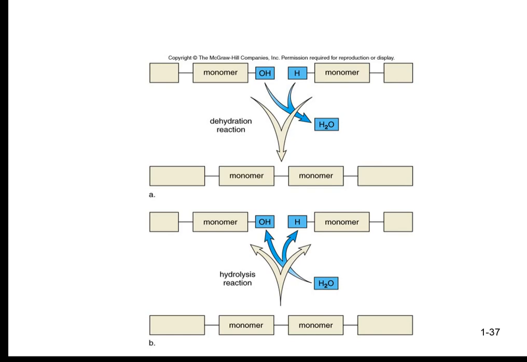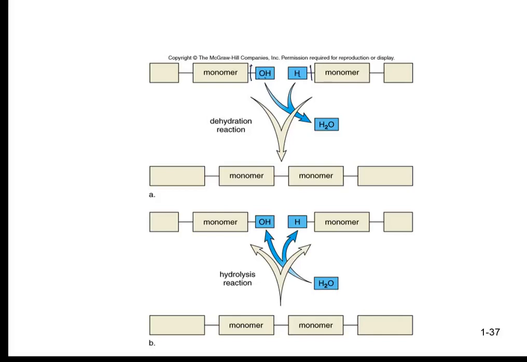So this is what is happening. If you have 2 monomers, one monomer has OH here, the other monomer has H. So what will happen is these will be removed. You cut this OH from there, and you cut this H from there. They combine to form water, and you leave room here where they can connect.